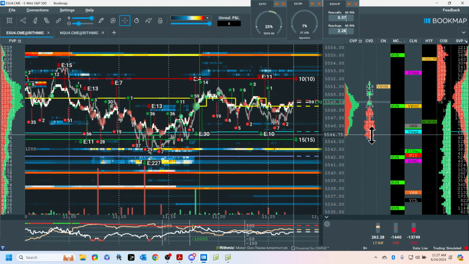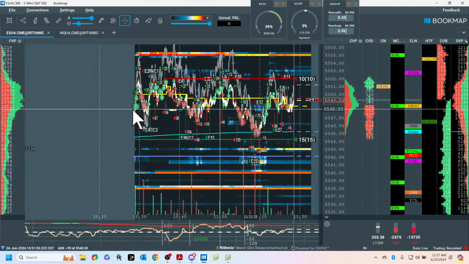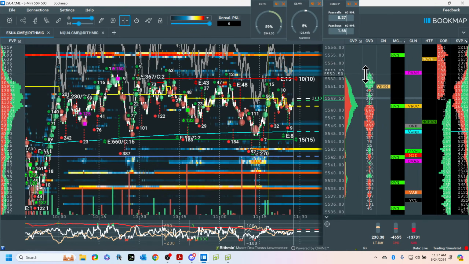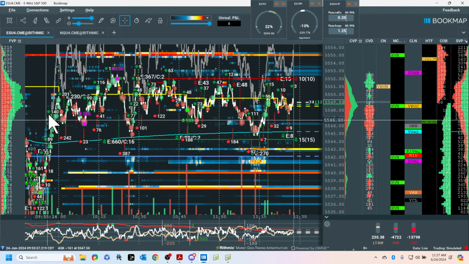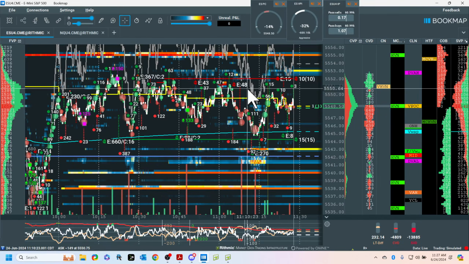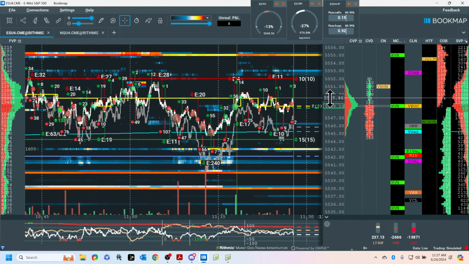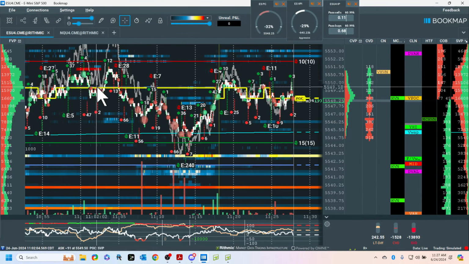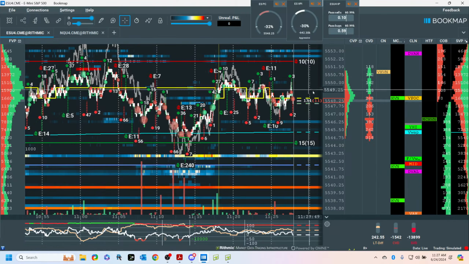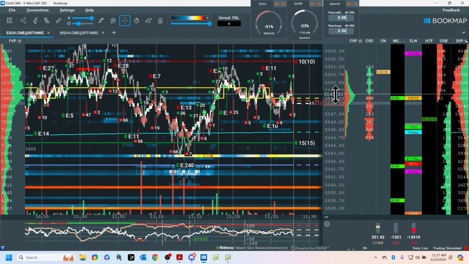The CVD, chart volume delta, like chart volume profile, only shows me the volume and the delta that is visible to me on the chart. So if I am zooming in to just something really minimal, this is showing me where the high volume is, which is there.